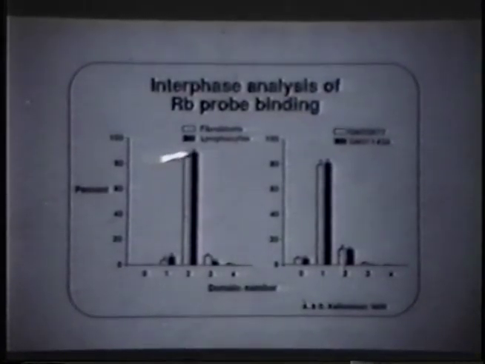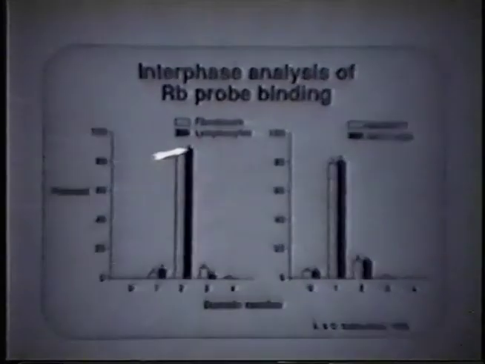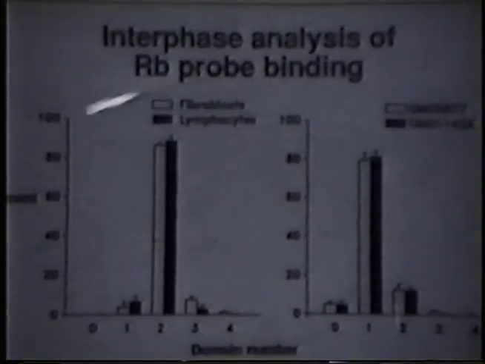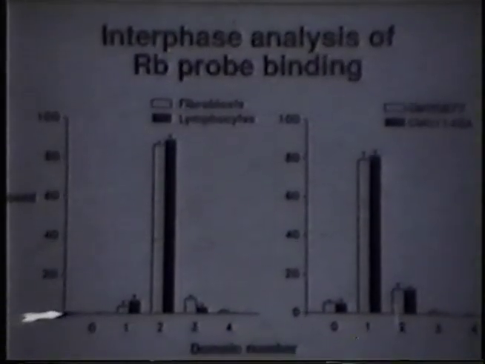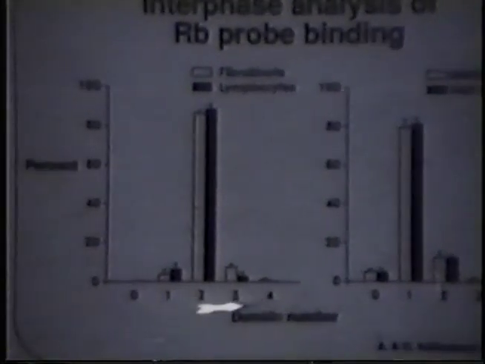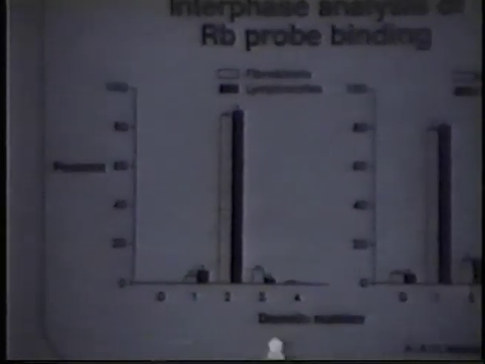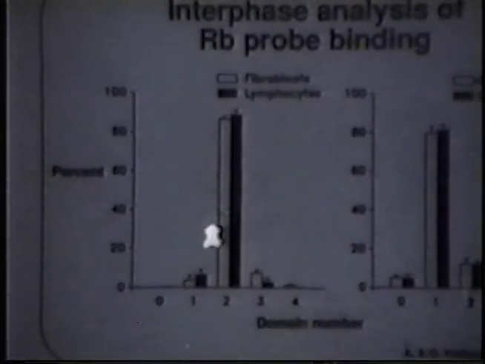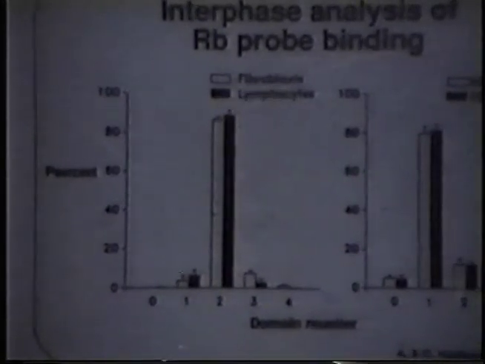Here you can see that if you look at the normal cells carrying both copies of the RB gene, look at the frequency of cells in the population showing 0, 1, 2, 3, 4 copies of the gene, what you can see is that almost all of the cells show the expected 2 copies. On the other hand, if you look at cells that have lost one of these RB genes, you can see that the majority of cells in the population show only a single copy.